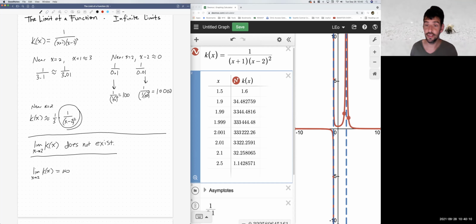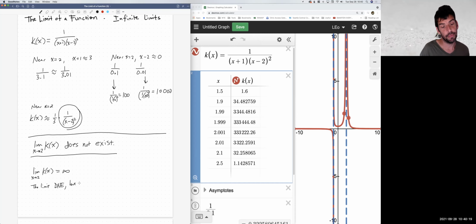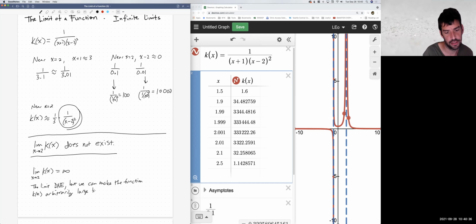What we mean is the limit does not exist, but we can make the function k of x arbitrarily large by taking x close to 2. Okay?